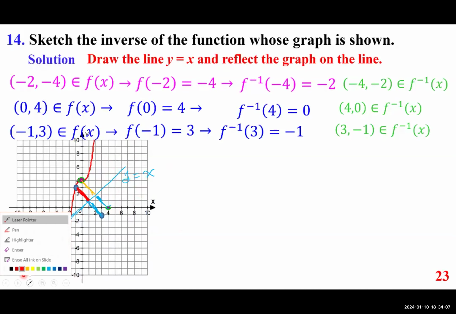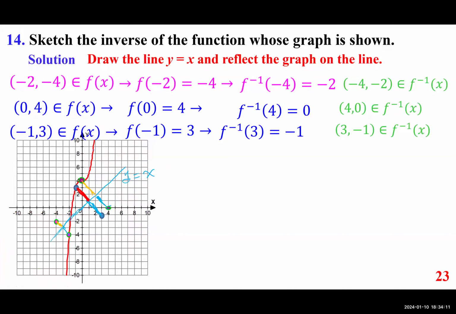Again, just for the sake of argument, if you pick any point, let's say you pick this point and you go the same distance, you get another point there, as long as you go the same distance. If you pick this point, drop a perpendicular and go the same distance. That's how you find that.